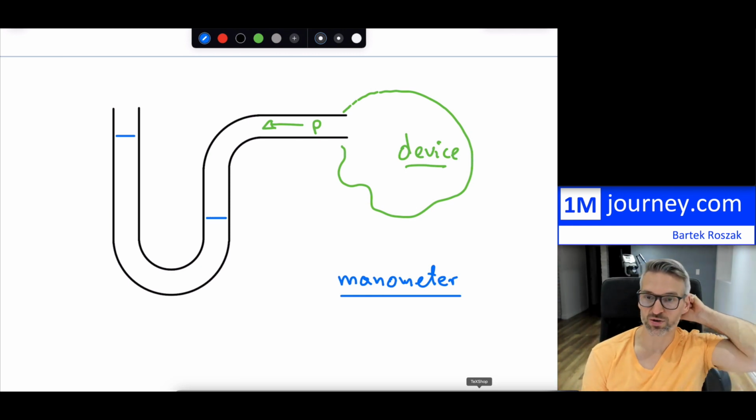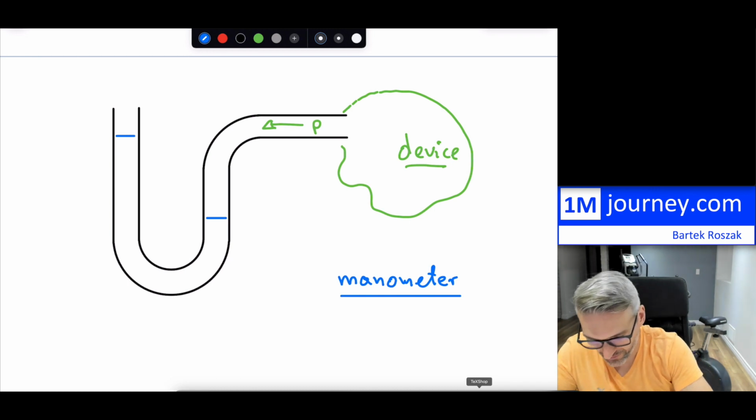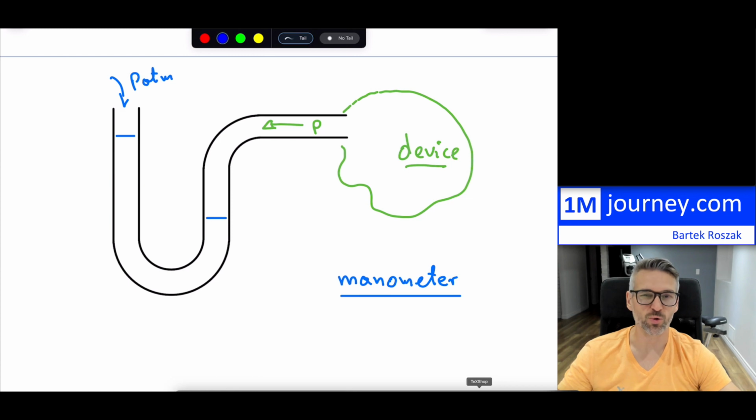And now you might be scratching your head and saying, ooh, that's interesting. What has happened? The liquid itself, you have your atmospheric pressure, which is pushing this down. On the other side, you have whatever pressure you want to figure out over here. So what is that pressure? You want to think in terms of fluids.